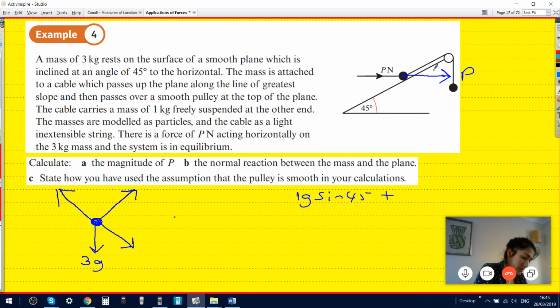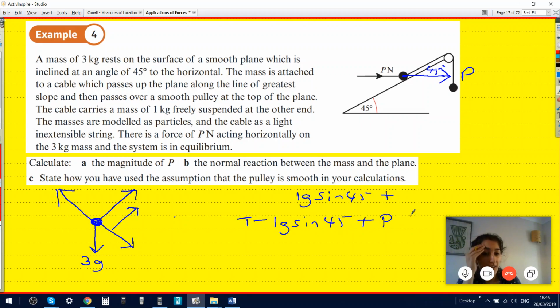So okay, if we do the x direction, so parallel, we have T minus 1g sin 45 plus P. How do you actually know P is going to the right?